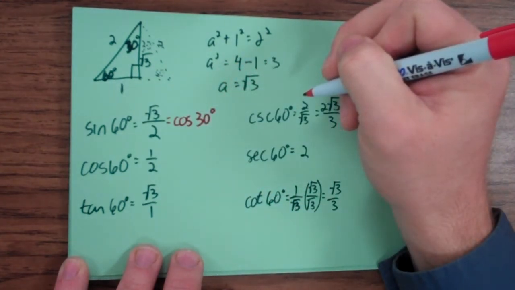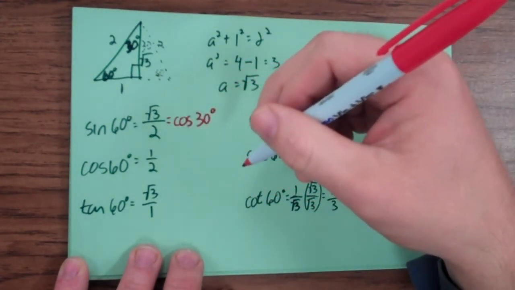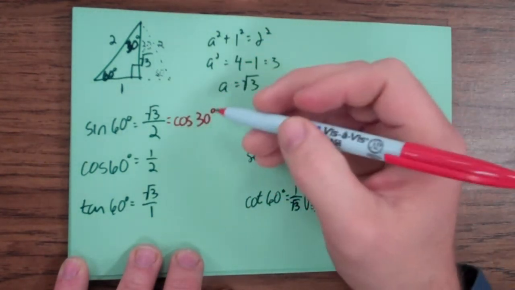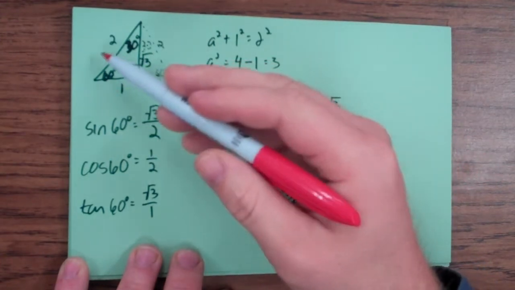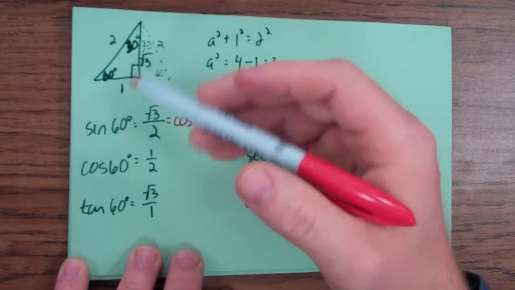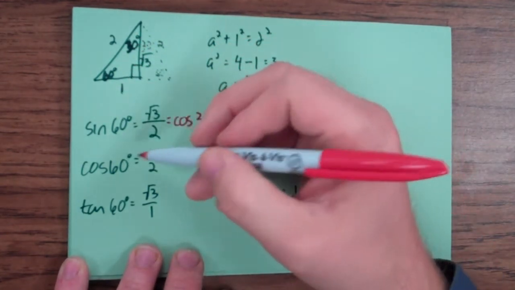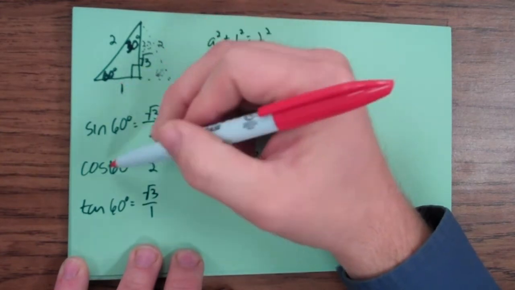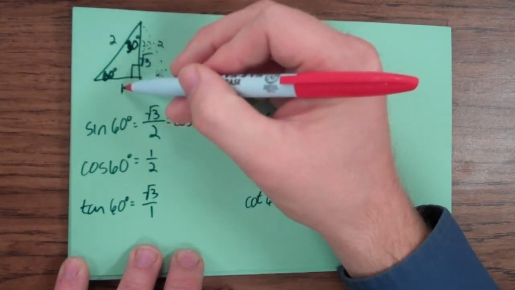Okay? So I'm going to go through here and do that for all of these. All right? So what I'm going to do is go through and say, well, we took this side over that side for the 60 degrees, and let's see what that is in relation to 30 degrees. Right? So the cosine of 60 was the adjacent over the hypotenuse. Well, this is not the adjacent side of 30.